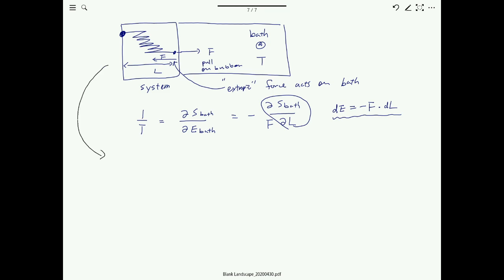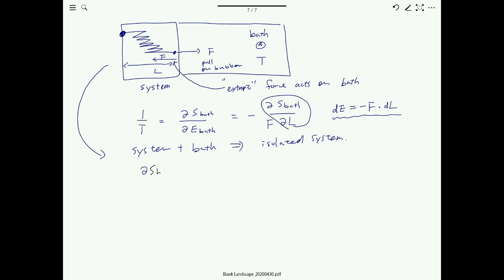Now for the system plus bath, it's an isolated system. It's always important to identify the total system that is isolated from everything else. For an isolated system, we expect that the total entropy change should be 0.